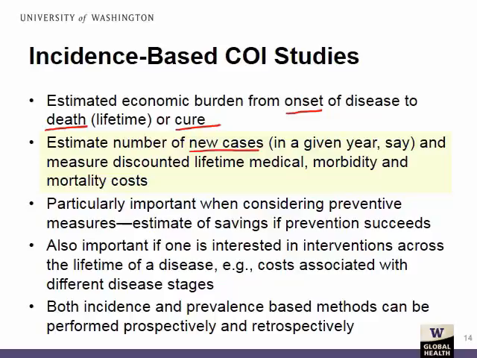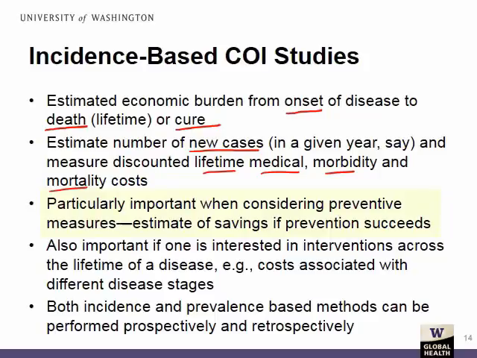And then following them and measuring the discounted lifetime medical, mobility, and mortality costs associated with those patients. So you need new cases and you need to follow them up over the lifetime of the disease to measure incidence-based cost of illness.